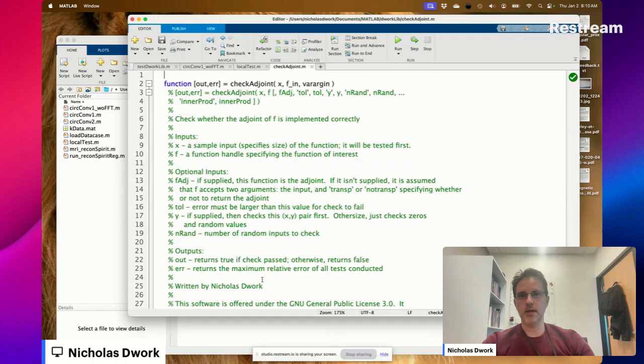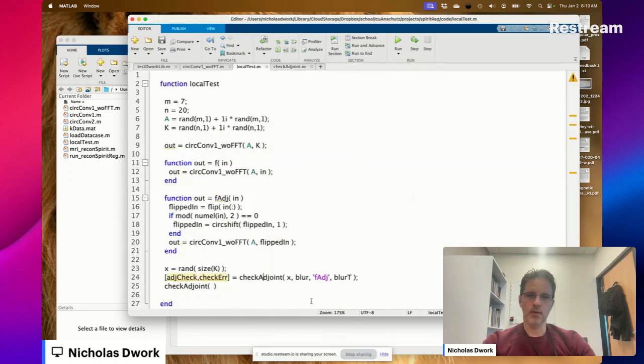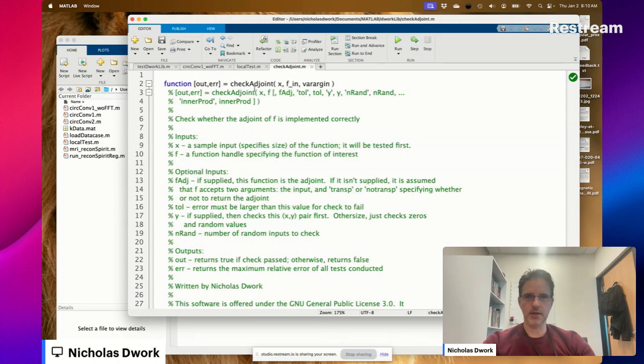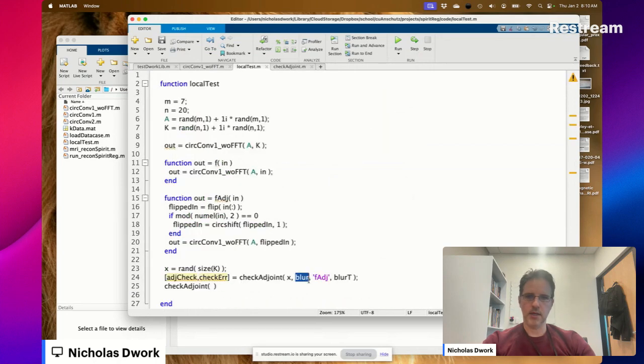Oh, okay, now I'm going to look it up. Check adjoint. AFN. What on earth is blur? That must be the function in that other library. Okay, so this is going to be AF adjoint. The at symbol, of course, gives you the function handle.